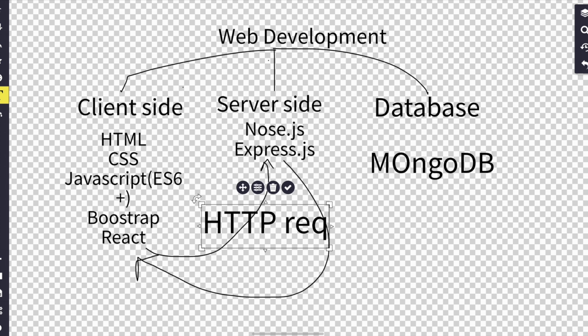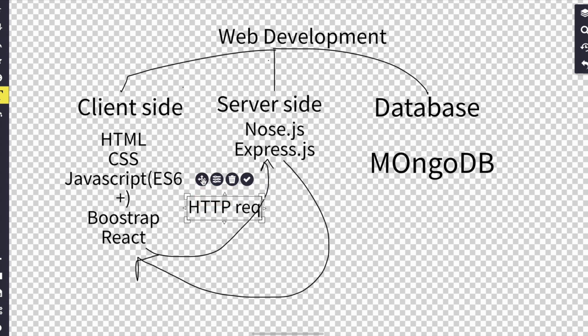HTTP request. There are a lot of HTTP requests like POST and GET. These are the two most commonly used requests. And from the server side back to the client side, there is a JSON response. Usually, server to client communication we call a response, and client to server communication we call a request.